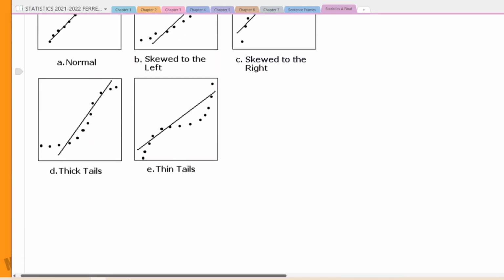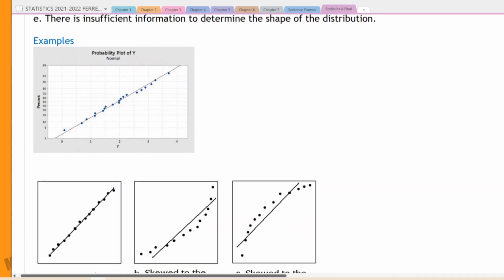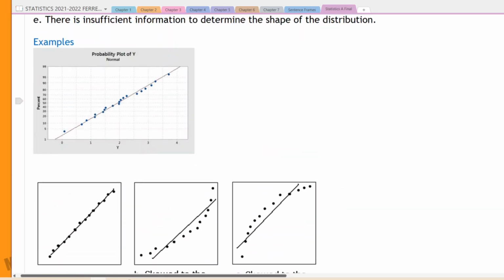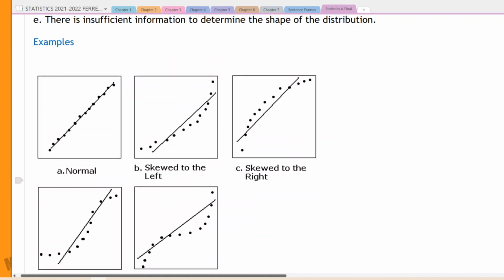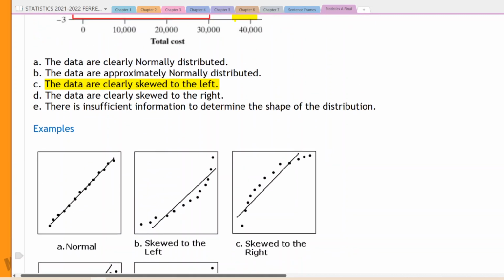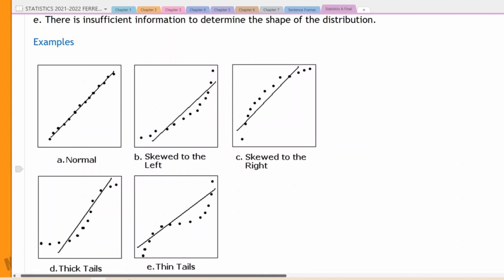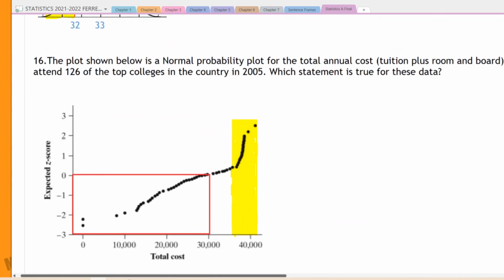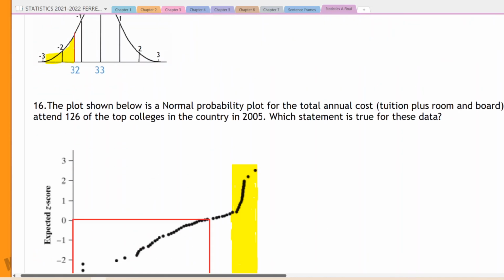Really, we should be looking at a chart like this. So I think I'm going to leave this one here. We don't need this one anymore. But for these, when we have the z-score on the vertical axis, this upward bow is a left skew and not a right skew. And this downward bow would be a right skew. So that kind of solves it here.